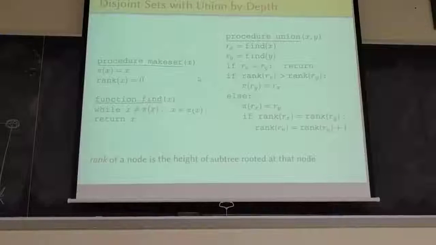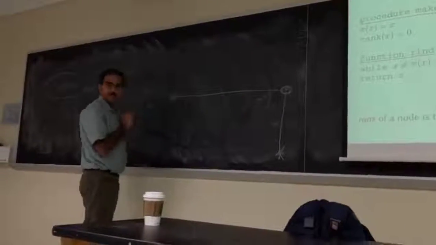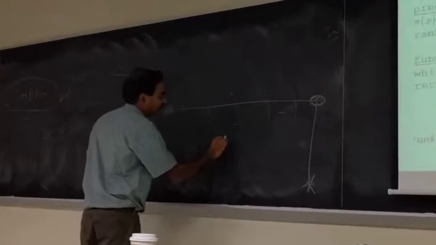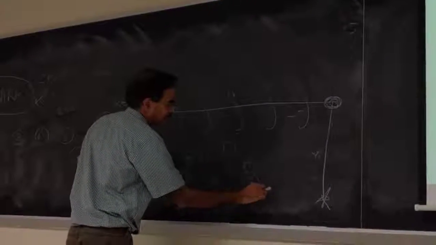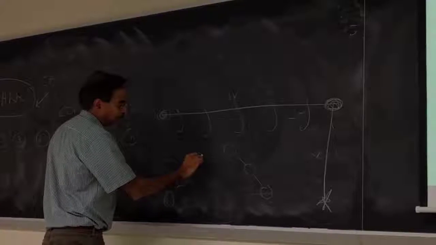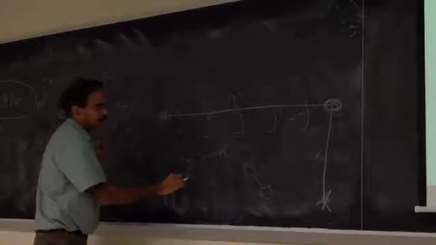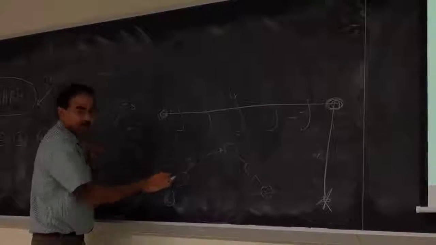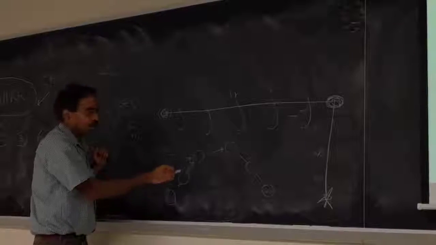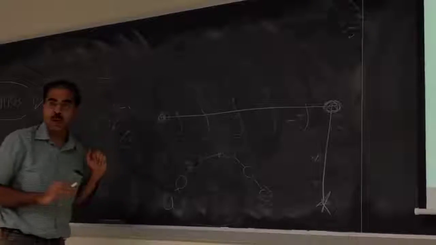Because let's consider this set, the depth here is 2. If we have another set whose depth is 2, then if you make this the parent, the depth of this is now going to be 1 plus the depth of the other, because you're putting in one more pointer. So the maximum depth is going to increase by 1.